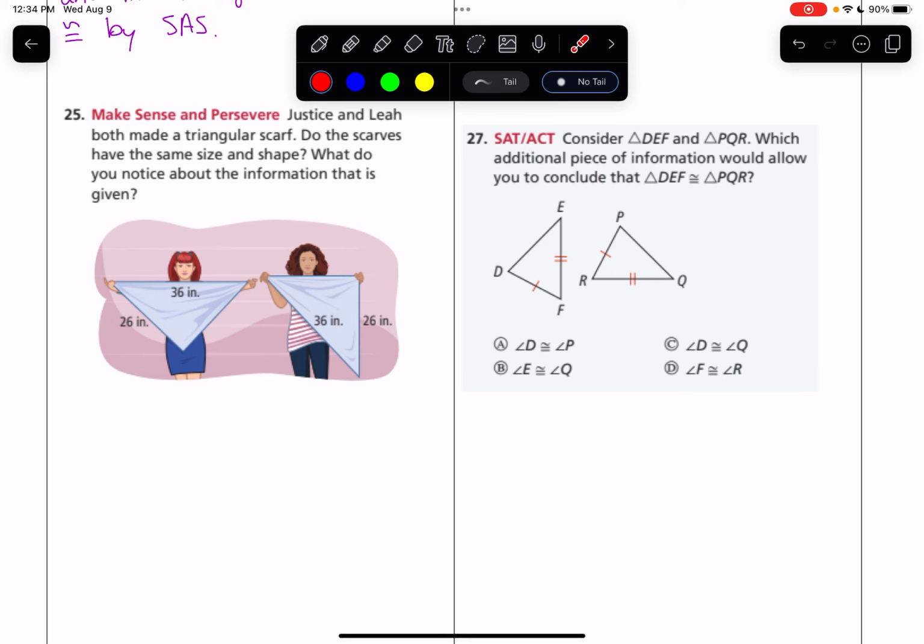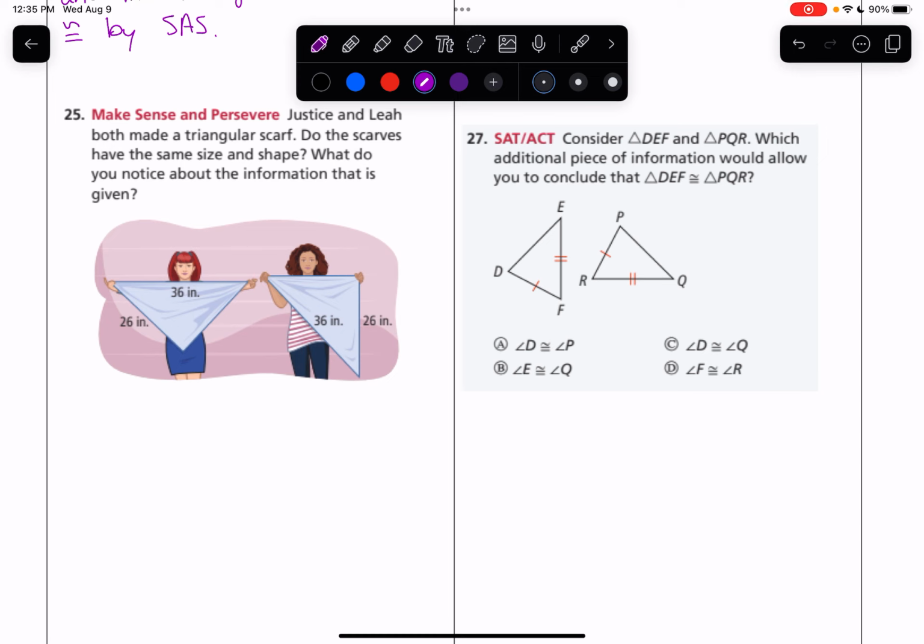And with information that's just side, side, I don't have enough information to use either of my triangle congruence theorems to state for sure that these two triangles must be congruent. I would either need the third side or I would need to know the included angle, and I don't know either one of those things.